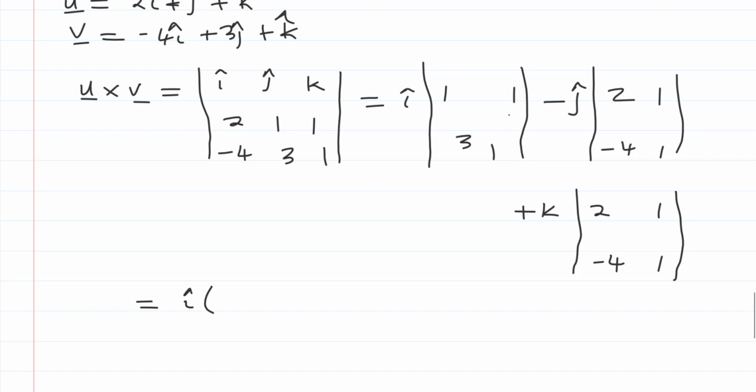Now we can just use the cross of diagonals of the 2 by 2 matrix. 1 times 1 is 1, minus 3 times 1, which is 3. Then minus j: 2 times 1 is 2, minus negative 4 times 1, so we get positive 4. Then plus k, so never forget the hats there.